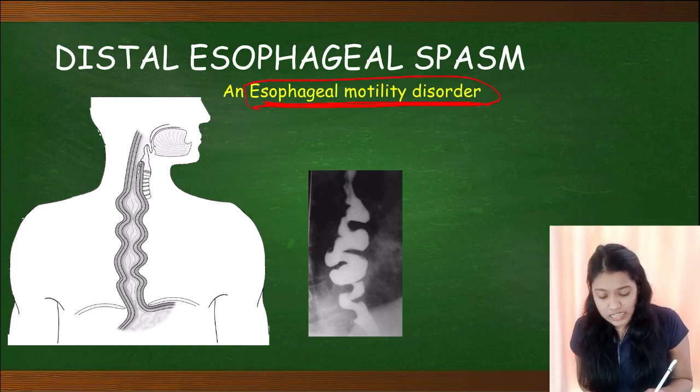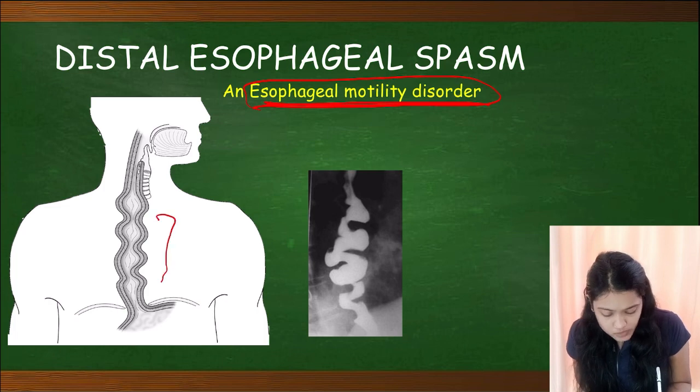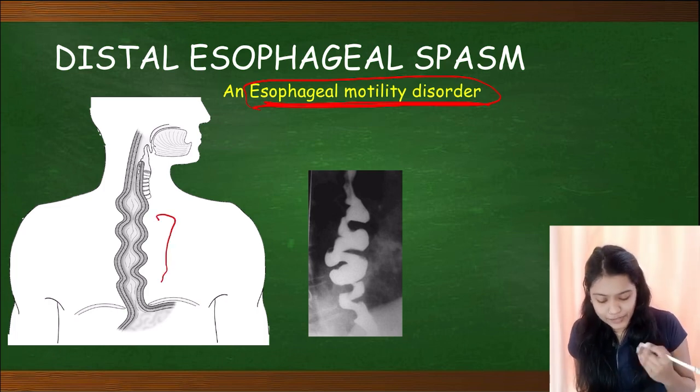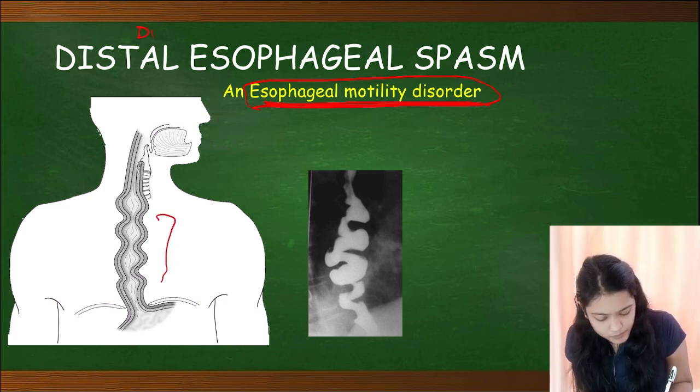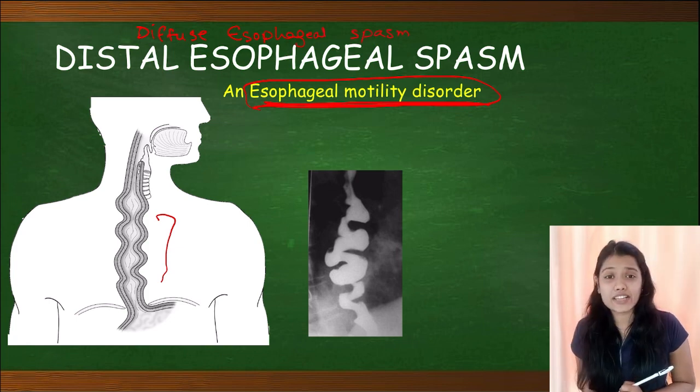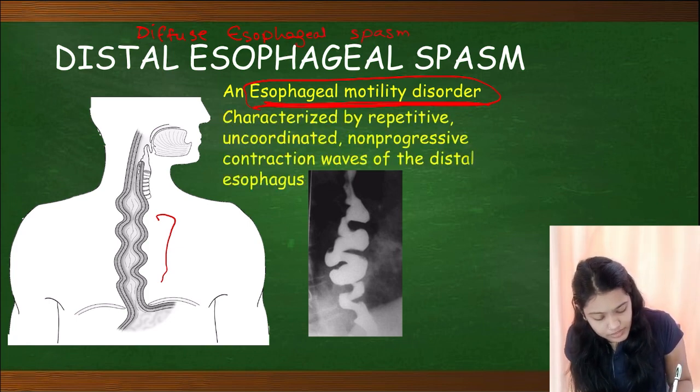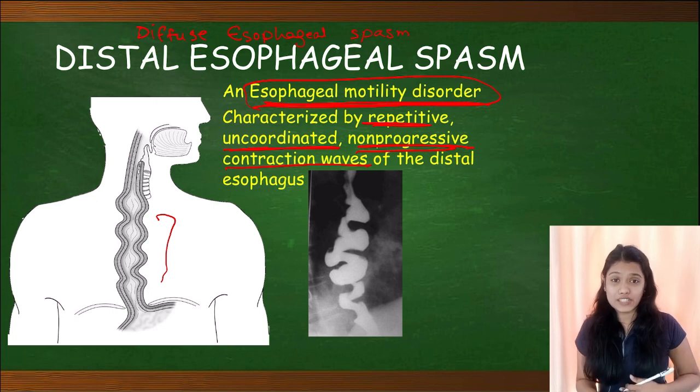Distal esophageal spasm, also known as diffuse esophageal spasm, is characterized by repetitive, uncoordinated and non-progressive contraction waves of the distal esophagus.